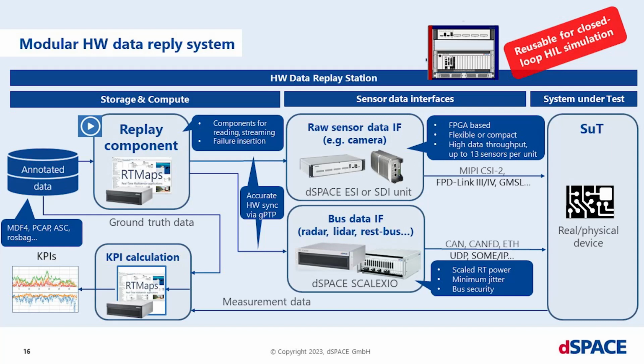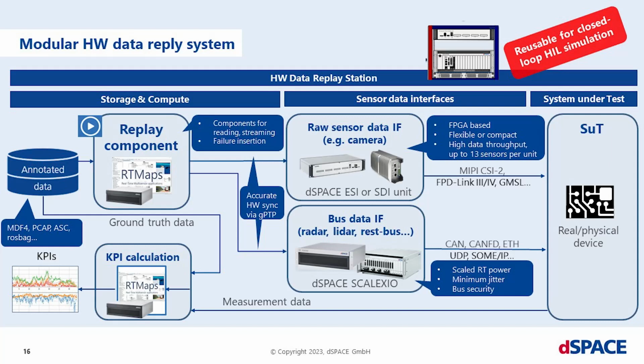Raw sensor data connection is established via CSI-2, FPD-Link or GMSL. Depending on SUT requirements regarding data throughput or number of connected sensors, a more compact or more flexible raw data injection hardware comes into play. I will explain that in more detail on the next slide.